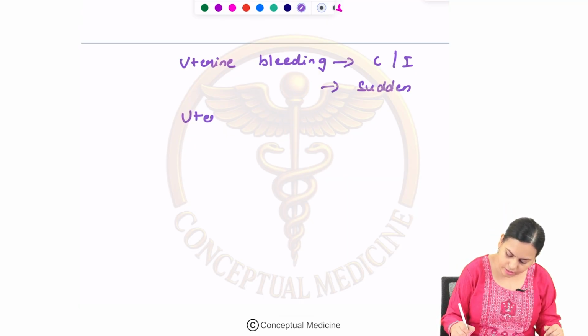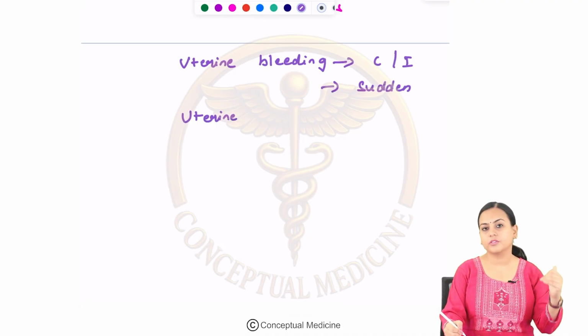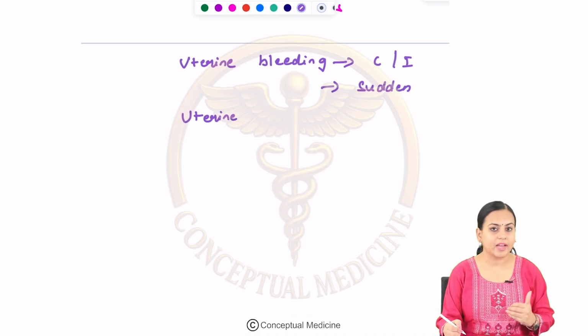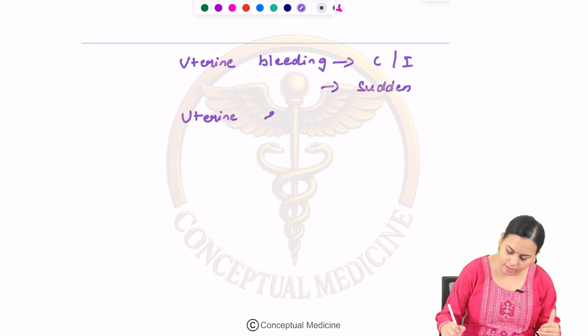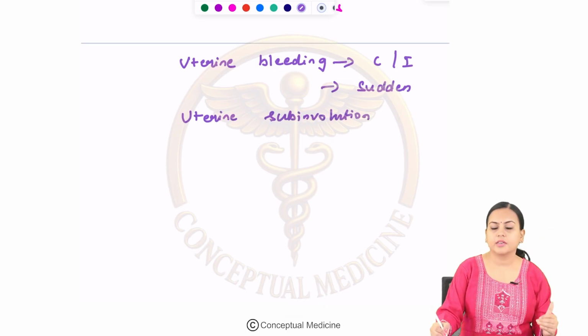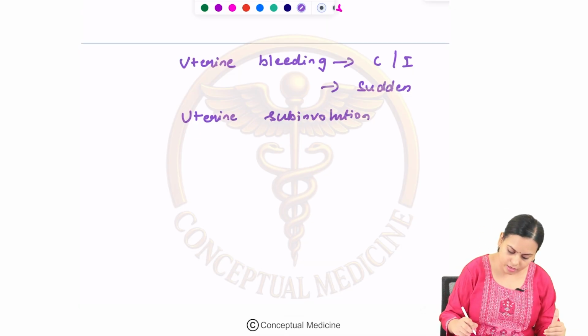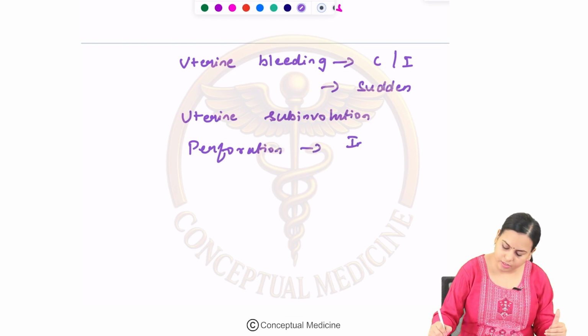Then after delivery, the uterus doesn't involute back to its normal size, that is uterine subinvolution after any delivery or miscarriage. They can even present with perforation that can lead to intraperitoneal hemorrhage.